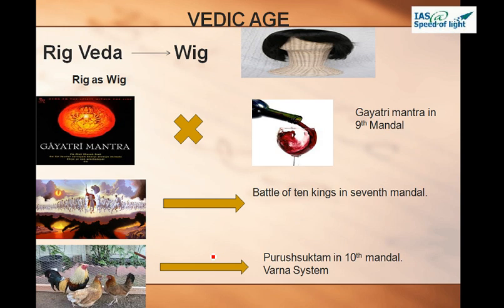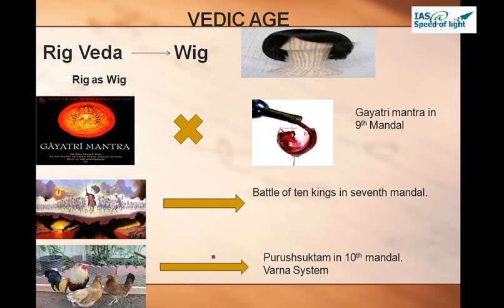Now we are converting that Rig Veda into a wig, a hair wig. So we have a picture of a hair wig in front of us, right? In our mind we had the image of wig, which was there in our permanent memory. Now we will attach the required information which we want to memorize for Rig Veda with that wig. Let's see what all things we want to remember for that.